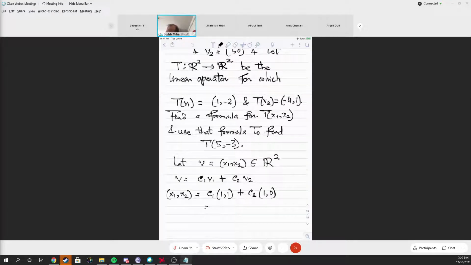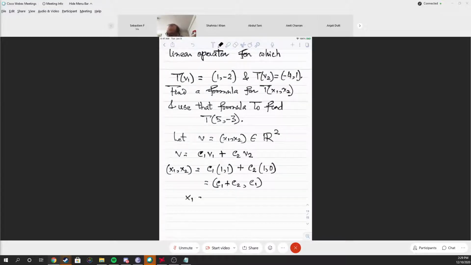So that is C1 plus C2, C1. So x1 is C1 plus C2, x2 is C1. So this implies C2 is x1 minus C1, that is x1 minus x2.